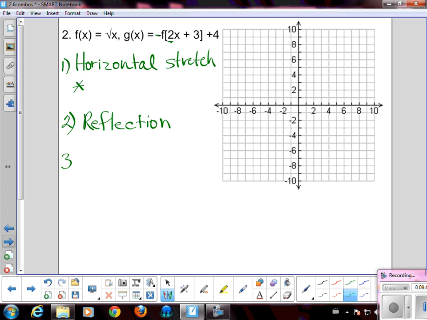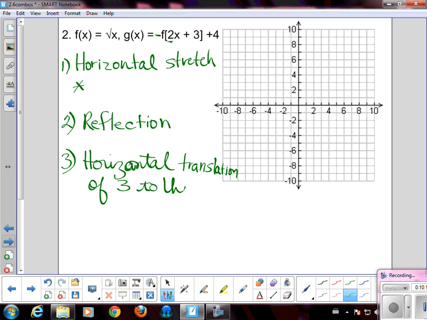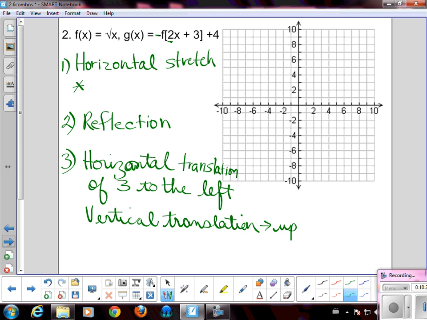And finally, we would do our translation, our horizontal translation of 3 to the left, and also our vertical translation, which would be up 3. Sorry, up 4.